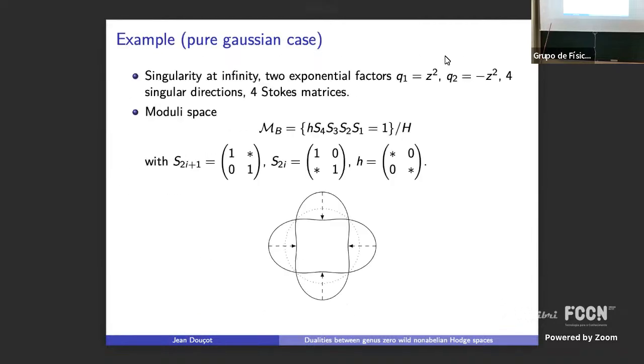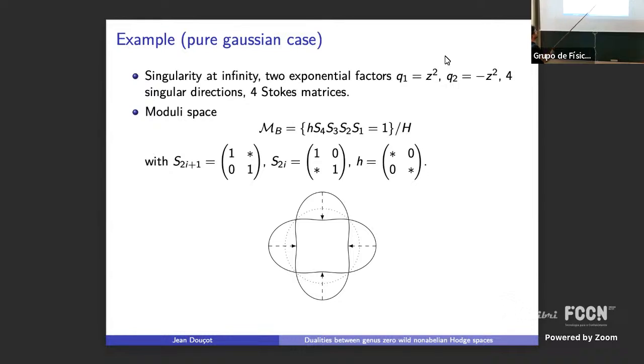Okay. So maybe I was going a bit fast, but to make this more explicit, let me show you a simple example, which is the same case that Andreas showed us. The pure Gaussian case, I have 2 exponential factors, all of degree 2.